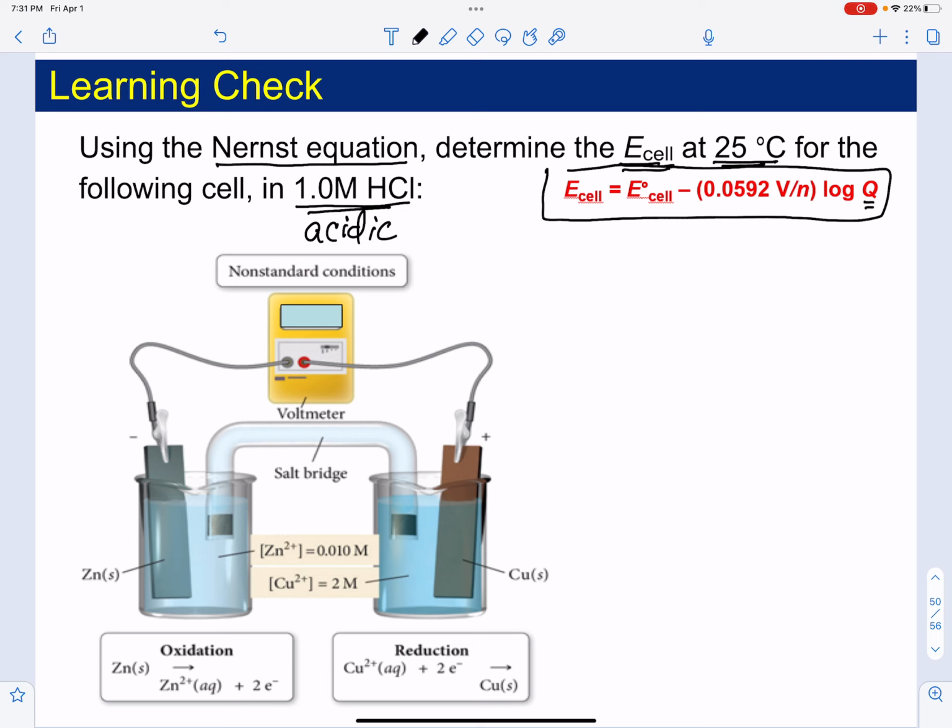So what is reacting here? Well, this is the oxidation.